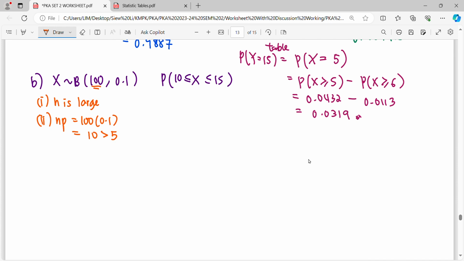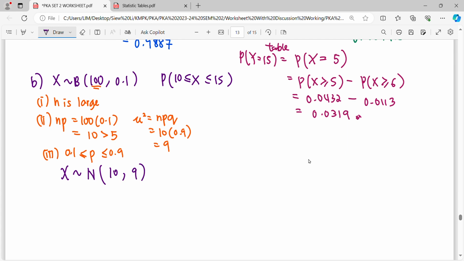In normal, besides the mean, we need the variance. Variance is NPQ, so 10 times Q, which is 9. Then for the third condition, we look at the probability, which is between 0.1 and 0.9. So we confirm this X needs to change to normal, with mean 10 and variance 9.